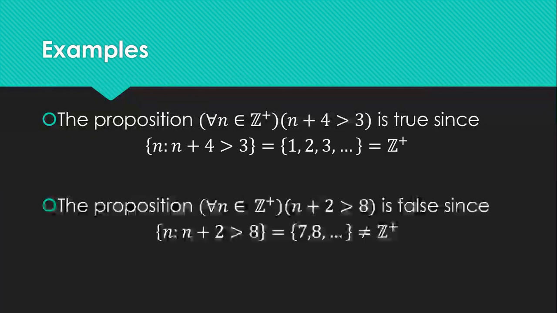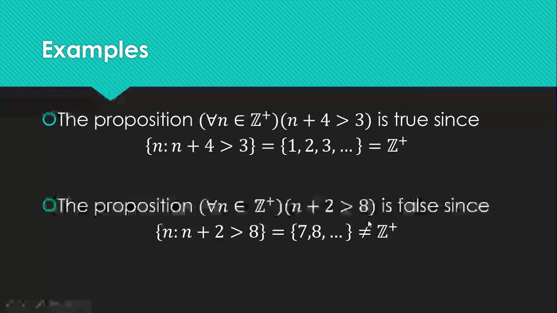Now, in our second example, we have: for all n that is an element of the set of positive integers, n + 2 should be greater than 8.